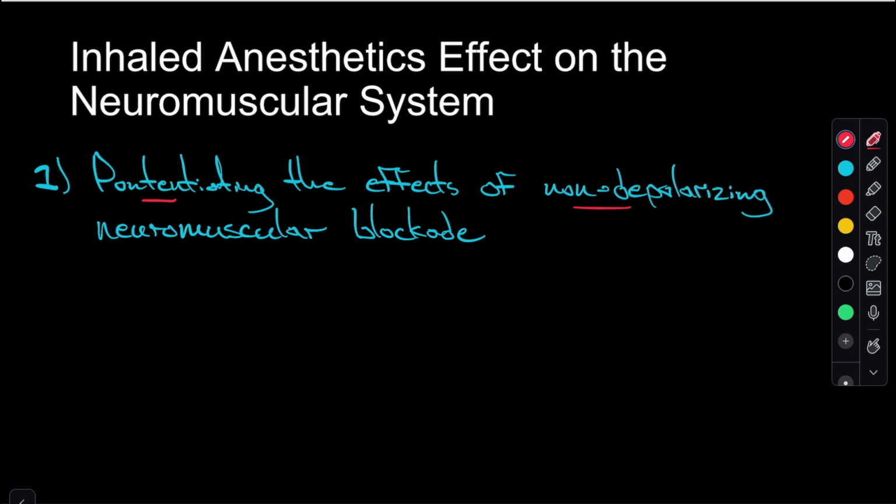So the volatile anesthetics seem that they can also antagonize the neuromuscular junctions, just like rocuronium or vecuronium can. There's some evidence that shows that inhaled anesthetics can also decrease acetylcholine release from the presynaptic nerve terminals as well. It's not super clear, but this effect of increasing the effect of the paralytics is well established.